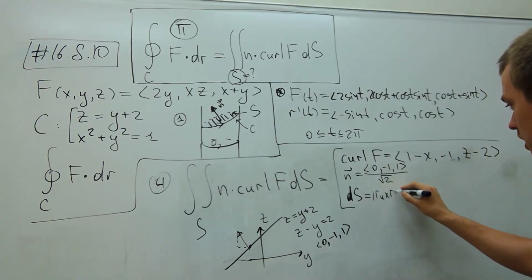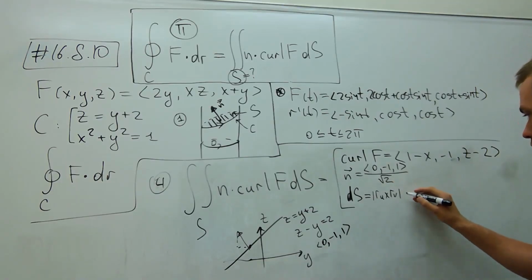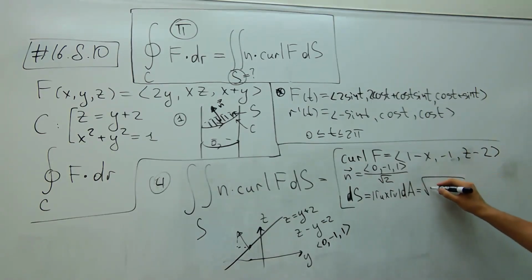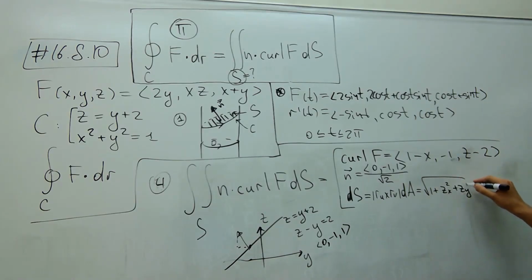So we have either the magnitude of r_u cross r_v of my parameterization dA, or it's going to be the square root of 1 plus z_x partial squared plus z_y partial squared, dA.